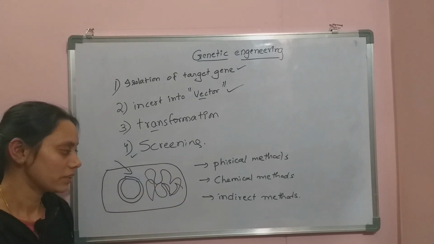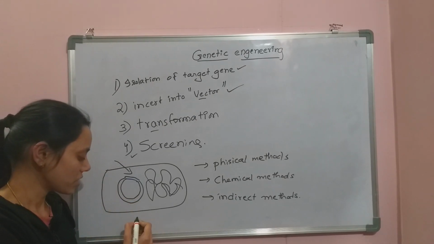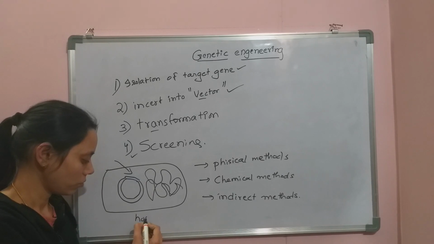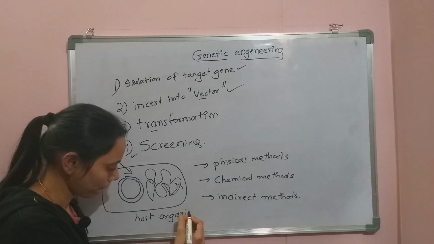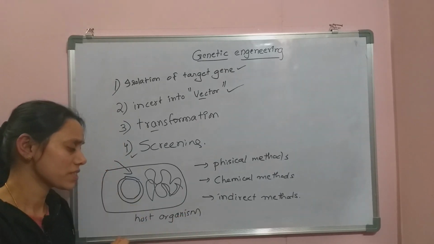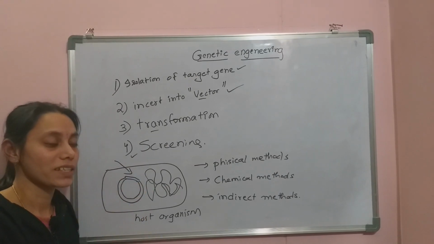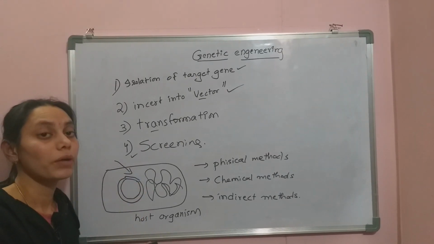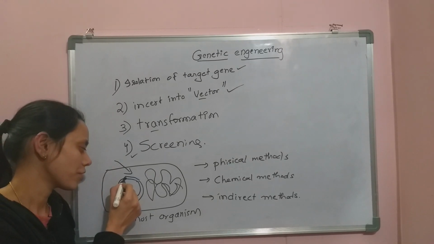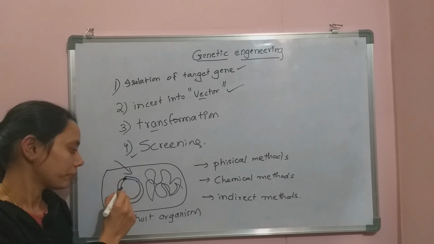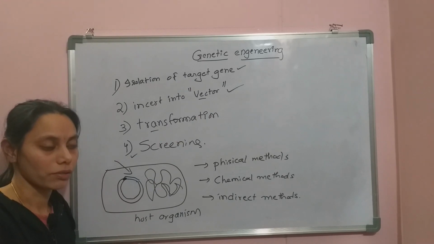So here, once the transformation has taken place, the host organism accepted this recombinant vector and it starts expressing and cloning it into multiple copies, because as we already discussed, this vector has an origin of replication and it can replicate itself and maintain the copy number.